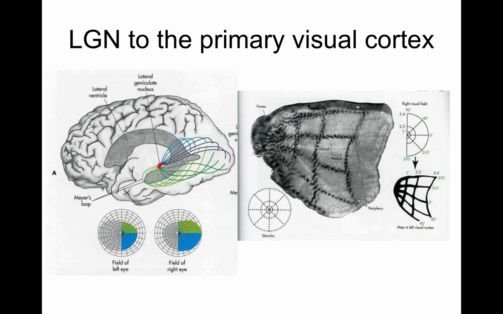So we have green and blue showing different regions of the left eye and the right eye. And these are being carried back by the lateral geniculate nucleus. And depending on where you would have damage along these different structures can influence how you actually see and the changes in your visual field.